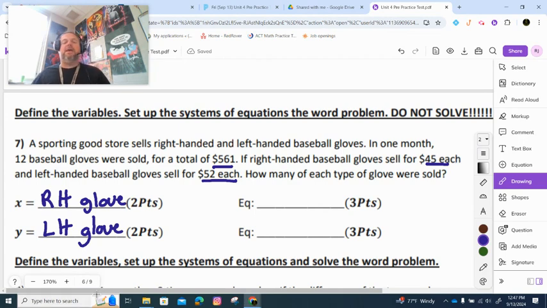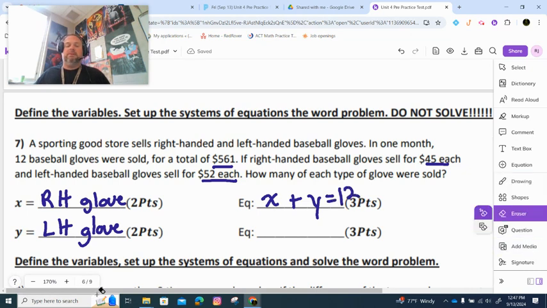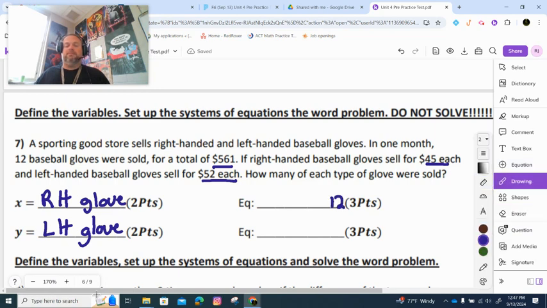All right, now how many gloves total did we sell? 12. So our x plus our y equals 12. Maybe I should have started this way. There we go. Now everything fit. All right.